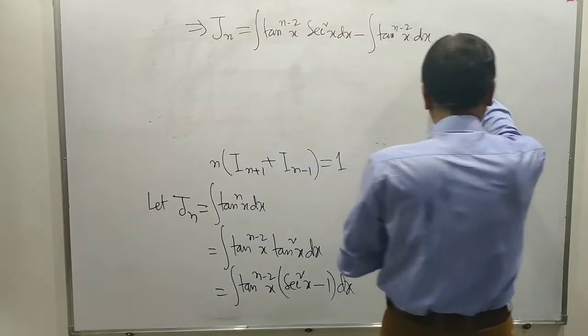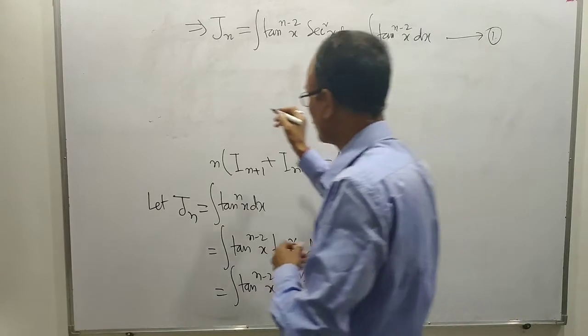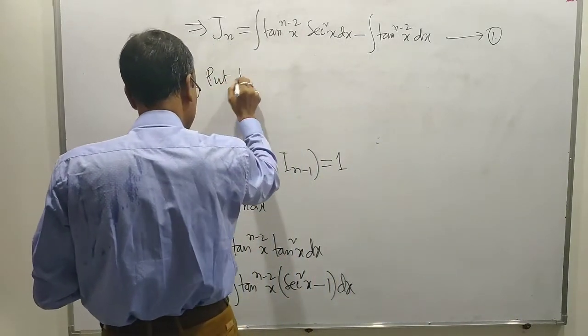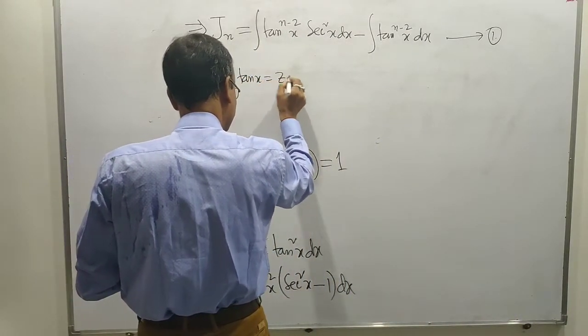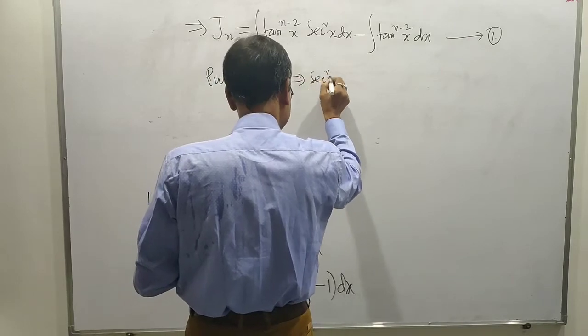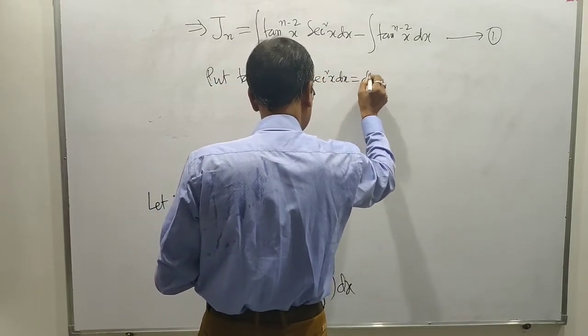Now, suppose it is number 1. Put tan x equal to z. This means sec square x dx will be equal to dz.